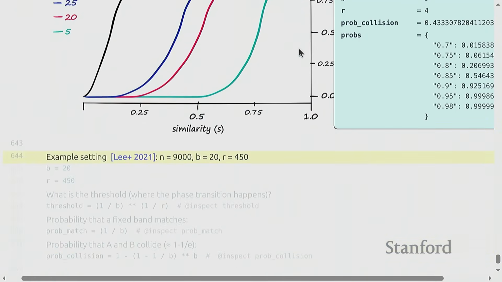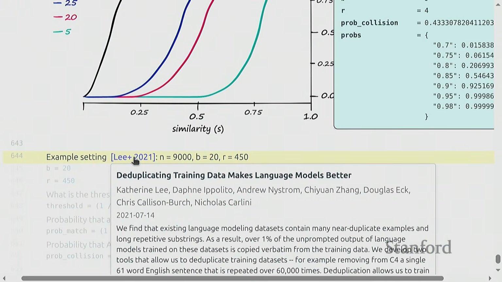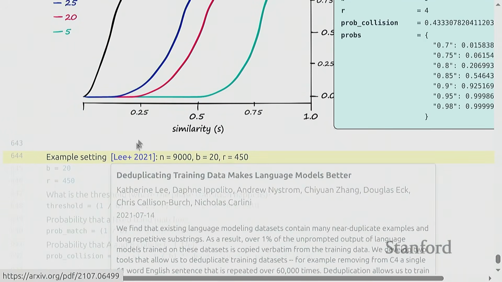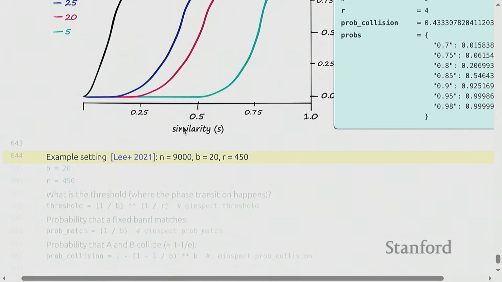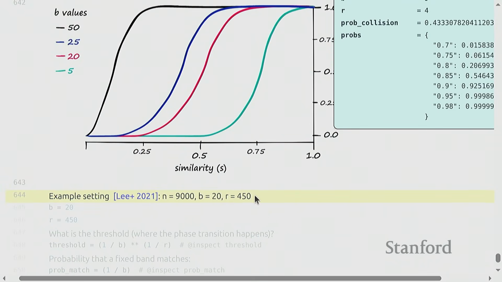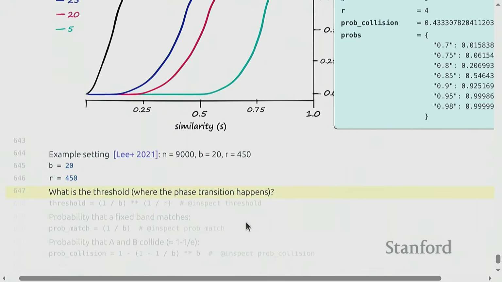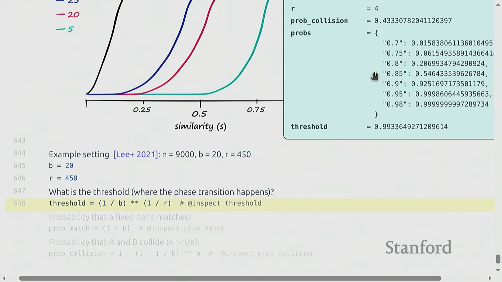Okay, so just an example of what this looks like in practice. There's this paper that we saw last time that does near deduplication using min-hash LSH. And their values are B equals 20 and R equals 450. So this R is large, which means that they want a really sharp threshold. There's a formula which you can compute, which says the threshold is 0.99.